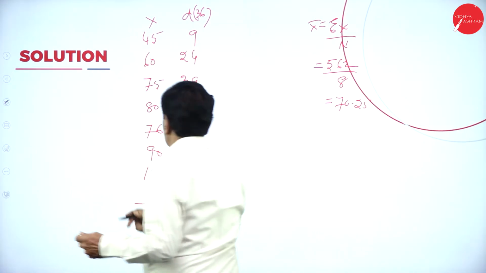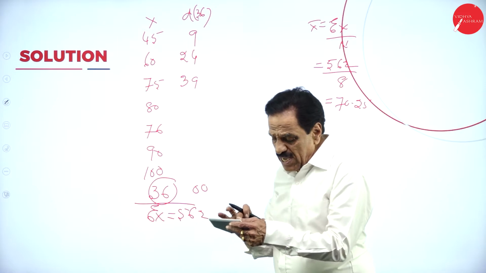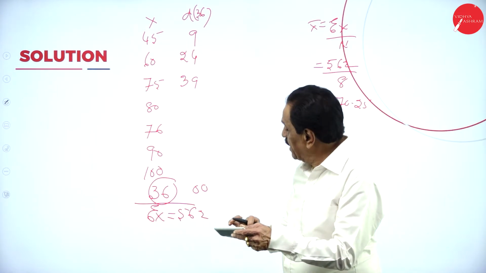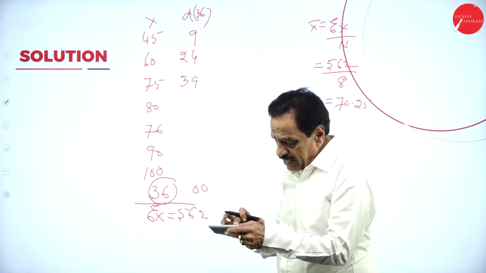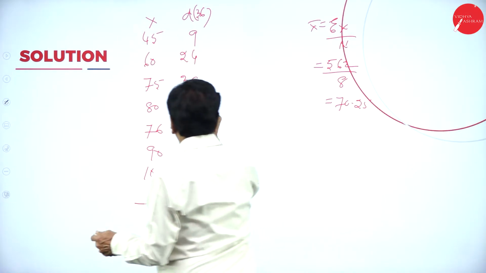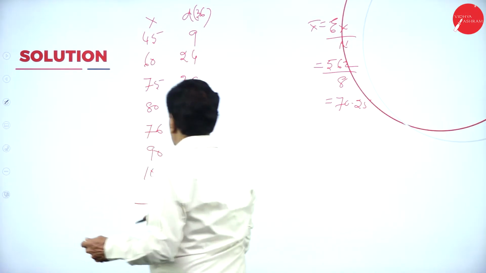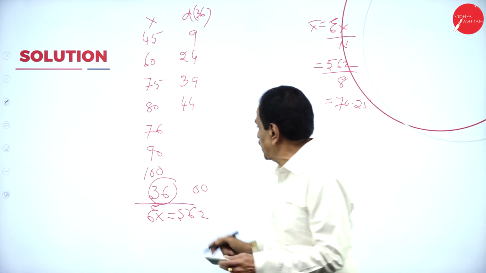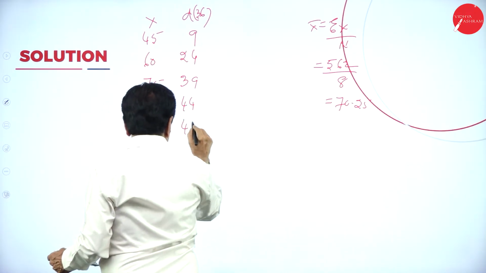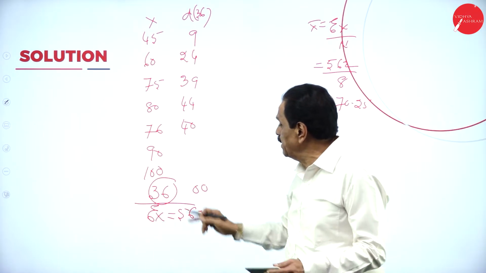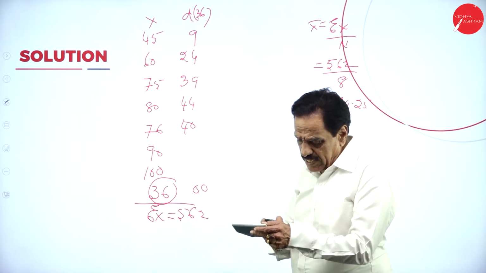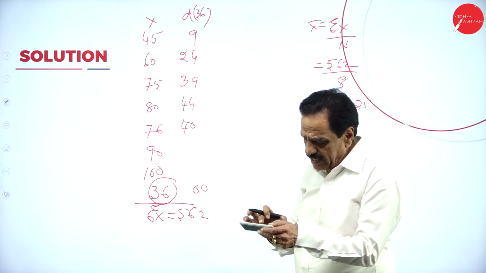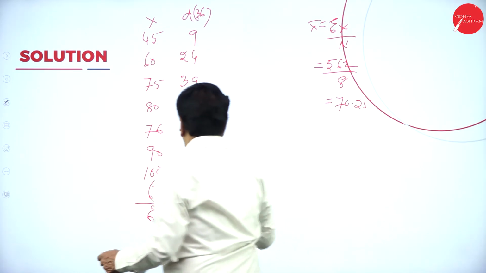Next, 80 minus 36 is equal to 44. Then 76 minus 36 is 40. Then 90 minus 36 is equal to 54.